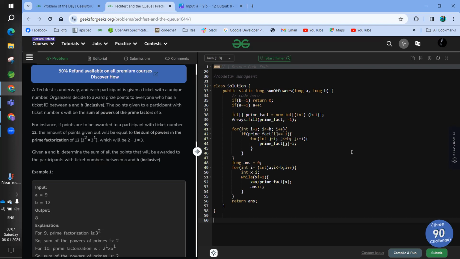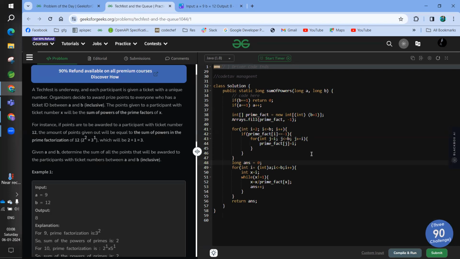For each prime number found as i, all multiples of i are marked with i as the smallest prime factor.